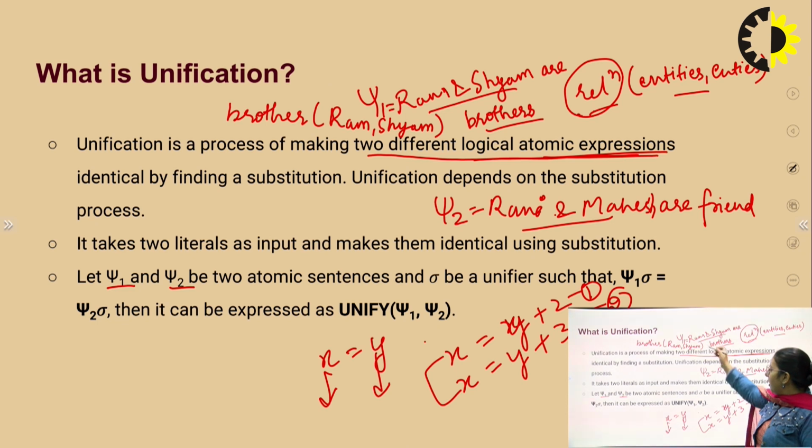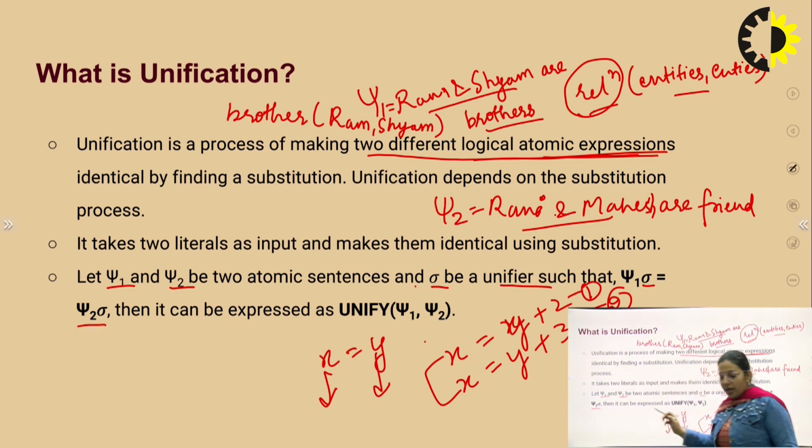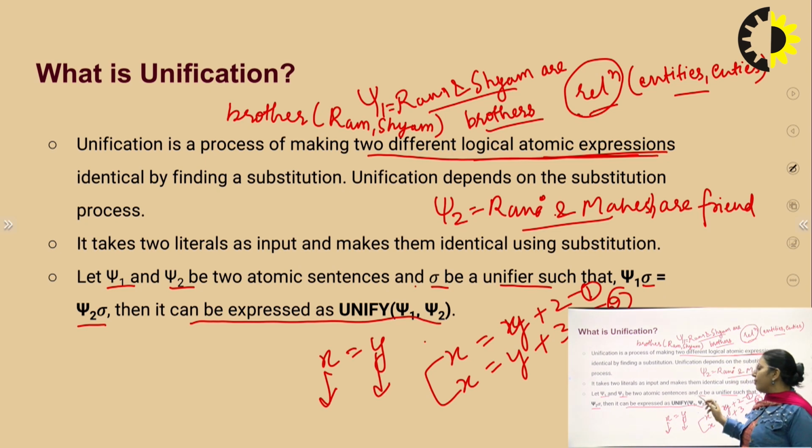Both sentences are different, and we have to make them identical. So for atomic sentences, let there be a unifier such that psi1 sigma is equal to psi2 sigma. Then it can be expressed as unifier of psi1, psi2.